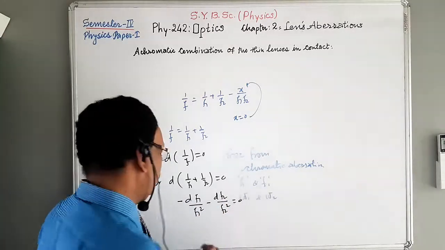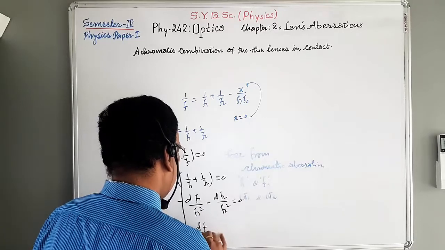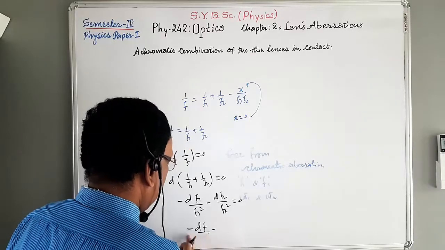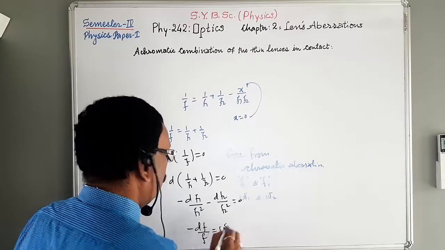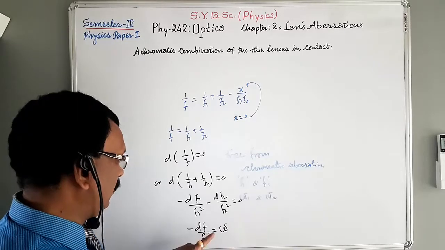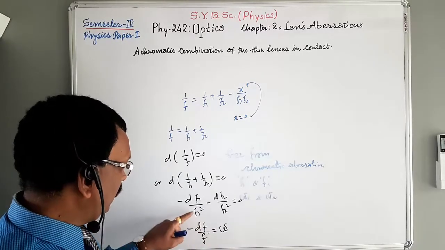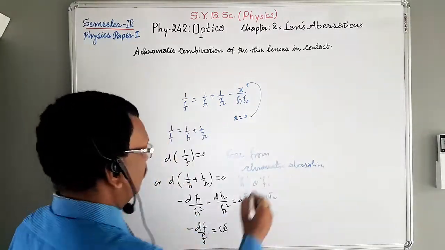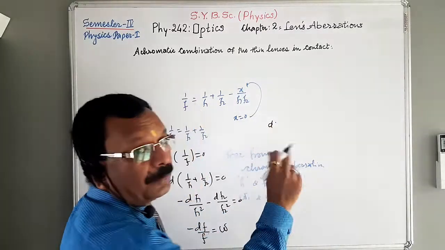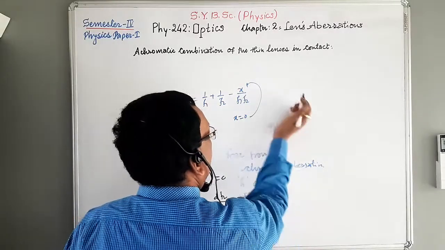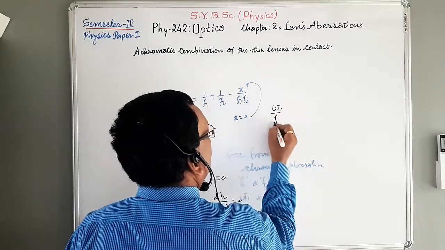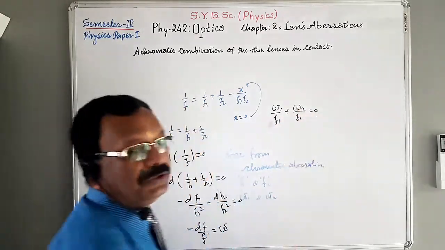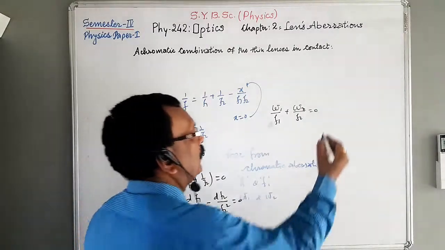But we know that df/f is equal to d omega times f, so substituting this we have omega 1/f1 + omega 2/f2 equal to 0. Suppose this is equation 1.